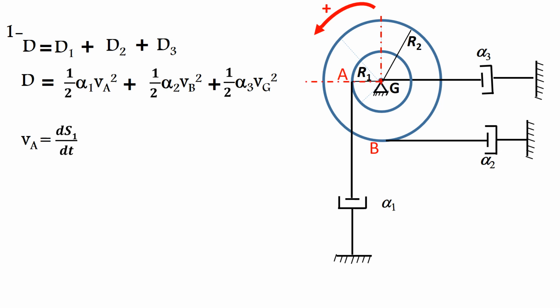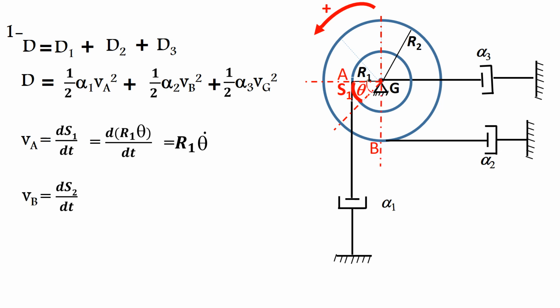See the figure, at the point A, the displacement S1 is equal to R1 theta, and the same thing for the point B. Look, the displacement S2 is equal to R2 theta.